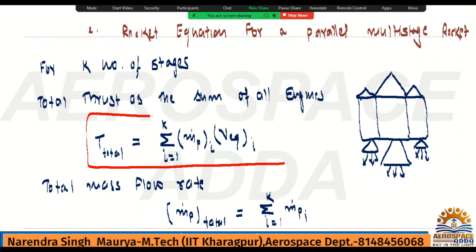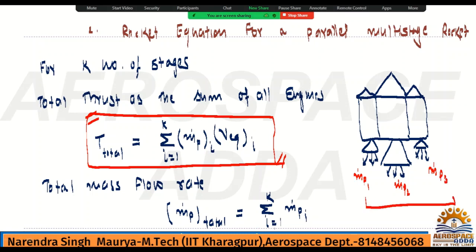Don't directly memorize the formula, just read these headings and lines here, and automatically you will understand by the diagram. Because see, here you will get m dot p1, here you will get m dot p2, here m dot p3. So what will be the total?